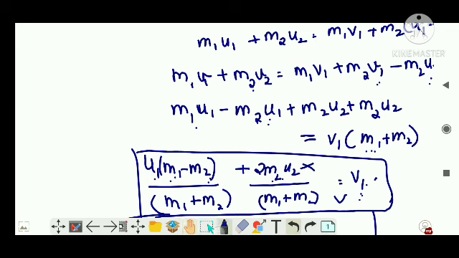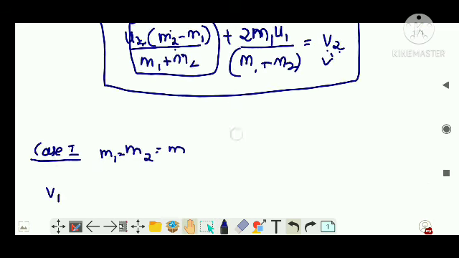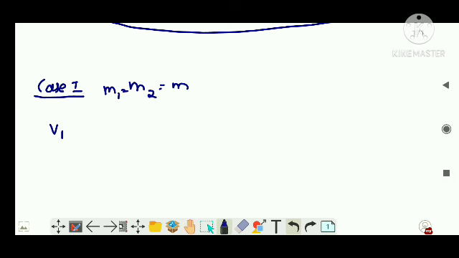M1 and M2 are equal, so the M1 minus M2 term goes off. So this term can be written as 2M U2 divided by M plus M. The denominator as well as the numerator will have 2M, so V1 will be equal to 2M U2 divided by 2M, and they cancel.